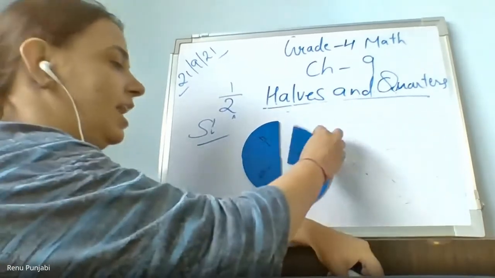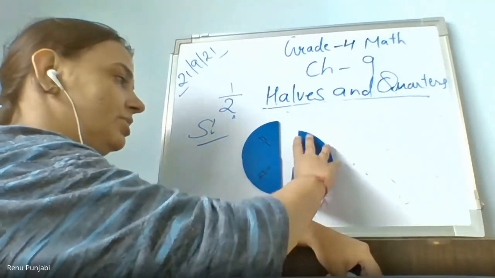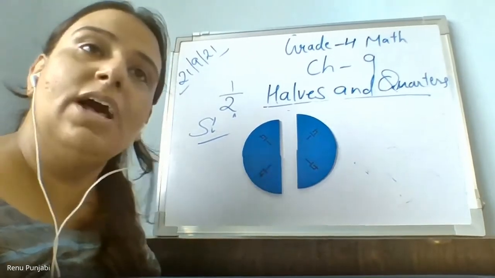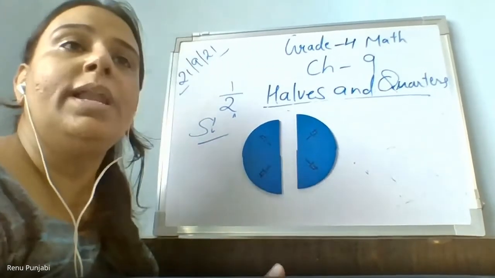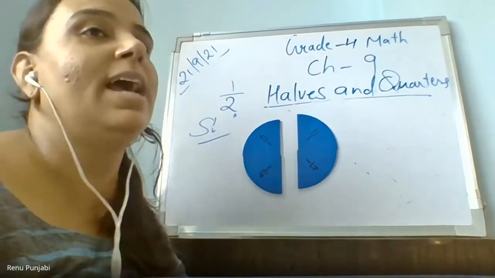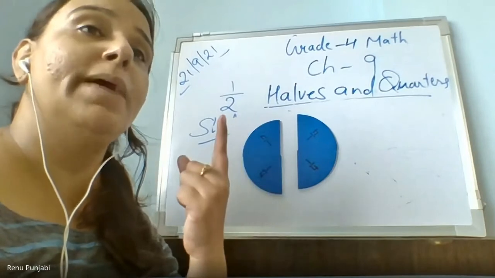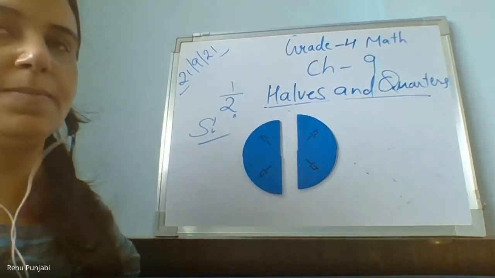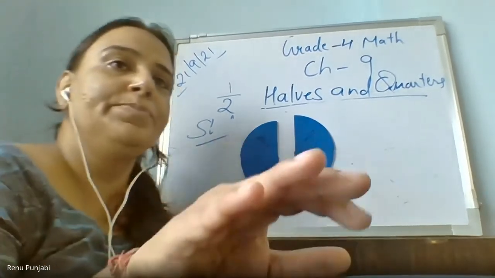This also makes the half. Suppose same way if you do in the pizza also, when you are dividing equally into 4 parts, then any 2 parts you give, it will make the half. But remember it should be equally divided. Got it? Clear everyone? Yes, ma'am.